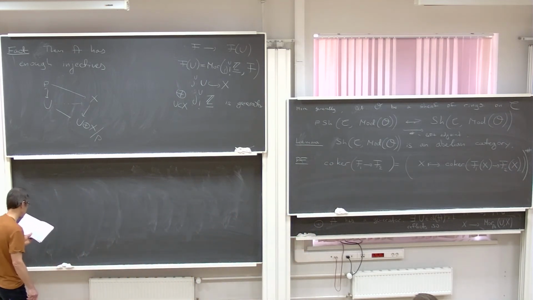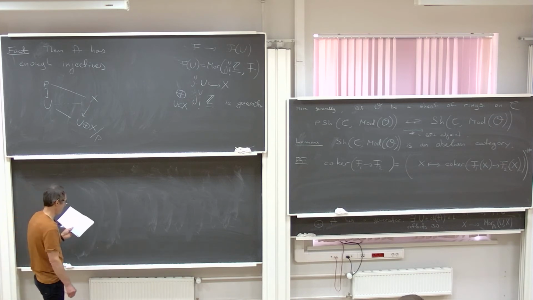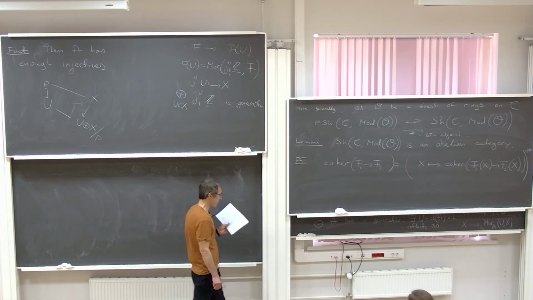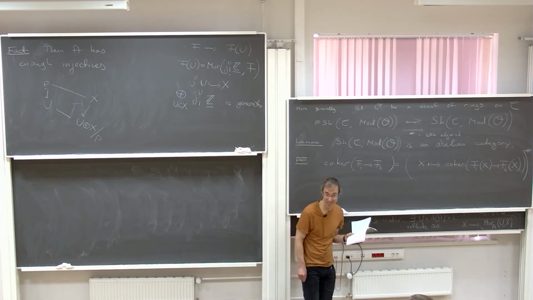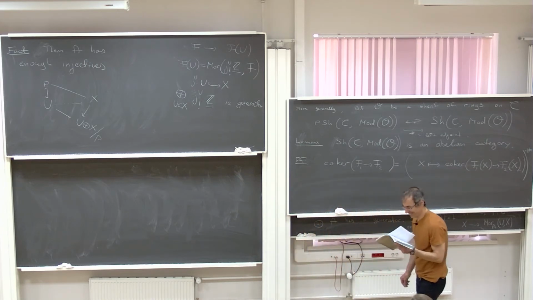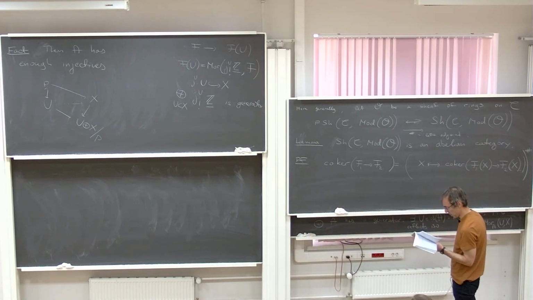So sometimes a derived functor exists even if you do not have injective objects, for example, when your functor is exact.